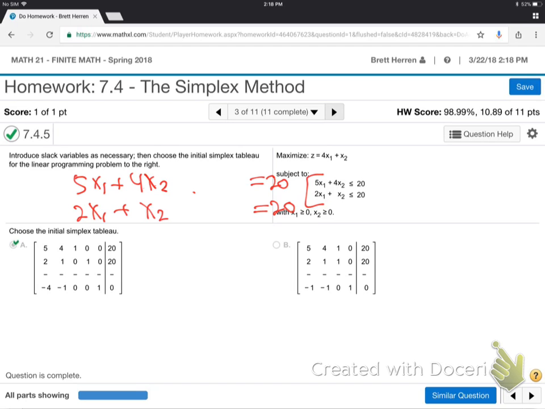Okay. So here we go. So, all right. So what do we do? Well, the first one we put in slack variable 1. Right? And the second equation we put in slack variable 2. Slack 2 has to be in its own column, spaced over. You see what I mean? See how this column's all x1, this column will be all x2, this column will be all slack 1, this column will all be slack 2.